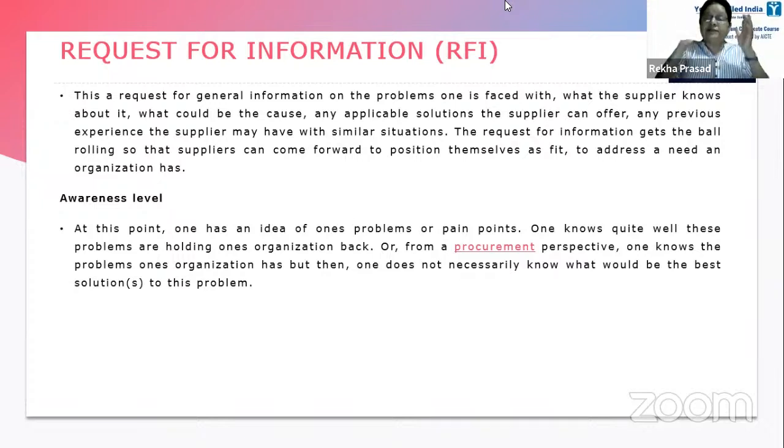Suppose you are supplying furniture. You know what type of furniture you are supplying, whether beds, dining tables, dressing tables, or sofa sets. But what is your market?